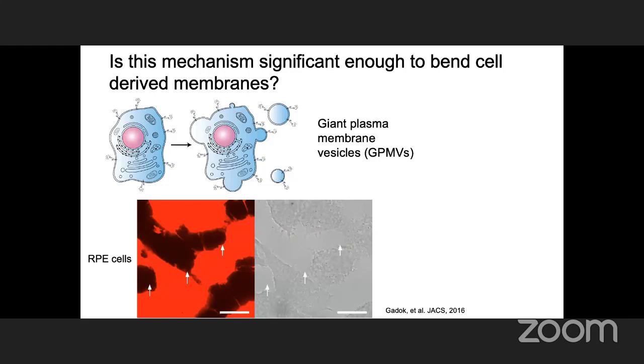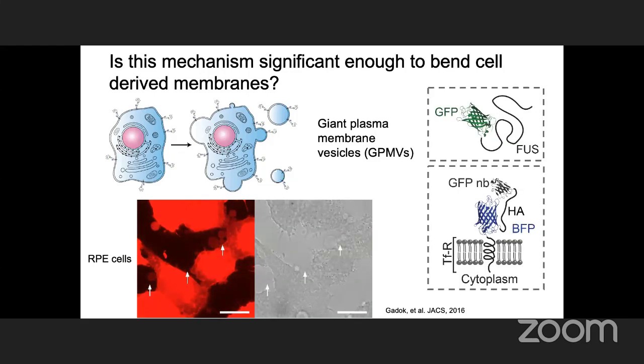Furthermore, we wondered if this mechanism is significant enough to bend a cellular membrane. So we expressed GFP nanobody on RPE cell membrane and extracted GPMVs. We can see GPMVs look a lot like GUVs, and we added a GFP to the N terminal of FUS LC to achieve protein binding.